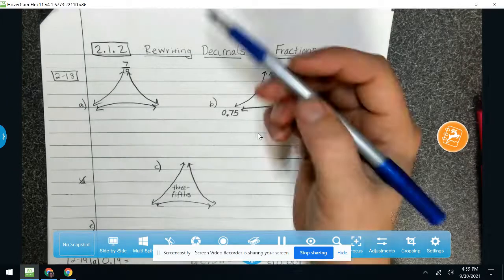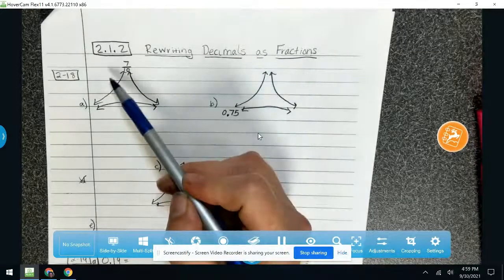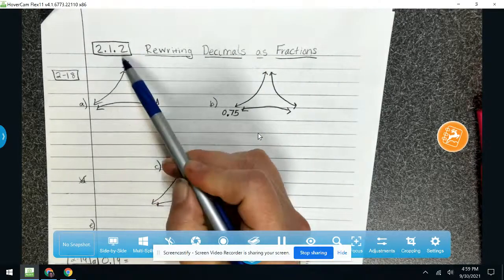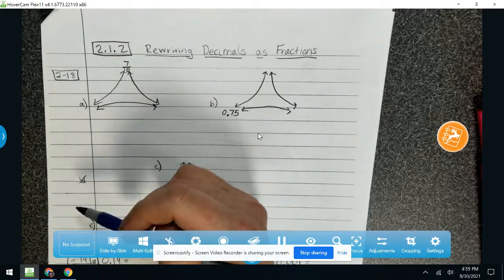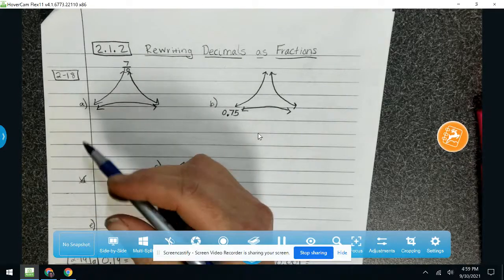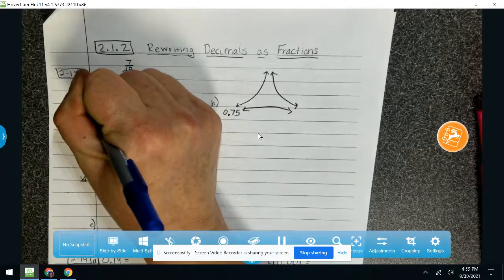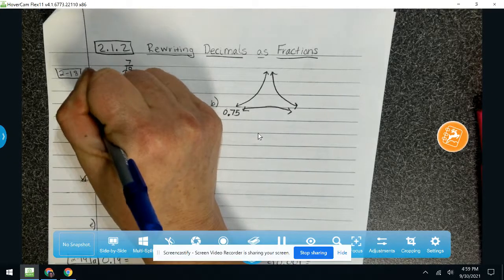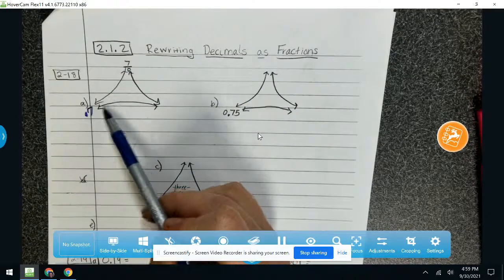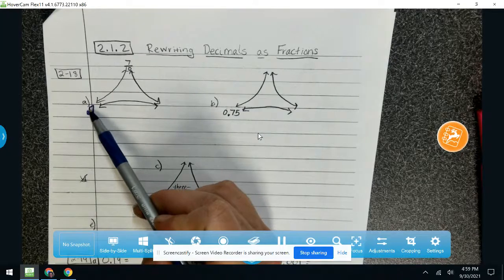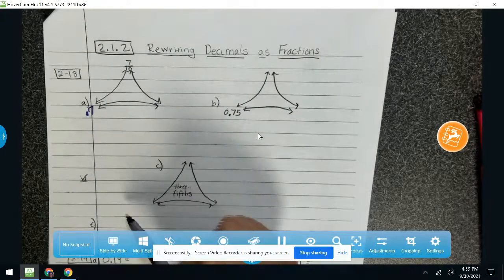When I go from my fraction right here, I usually go down to my decimal first, and the reason why is because it tells me what it is. So I have right here my decimal, a really big decimal, and 7, because I had kids tell me they couldn't see that today too. So I have 7/10 right here.